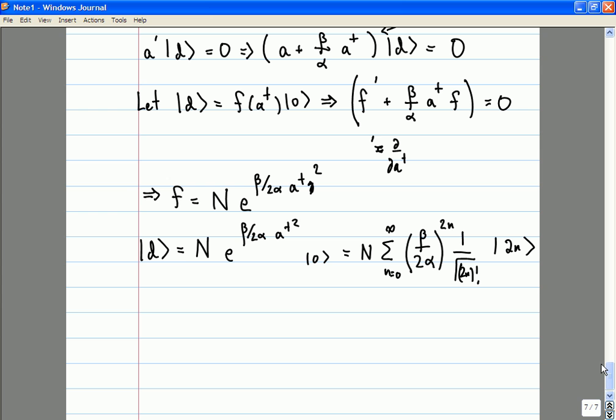Any questions? Let me make a few comments about the interpretation of this formula. The first thing that I should comment is that only even energy states appear in this expansion of the squeeze state. Why is that?